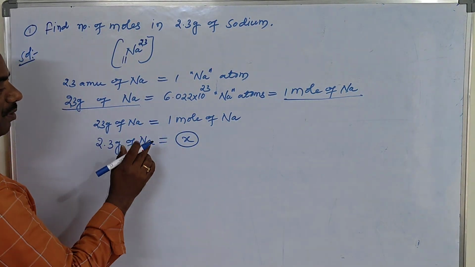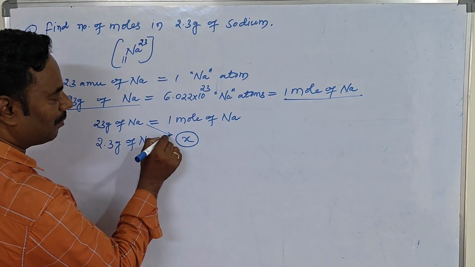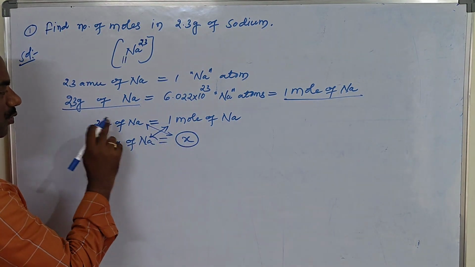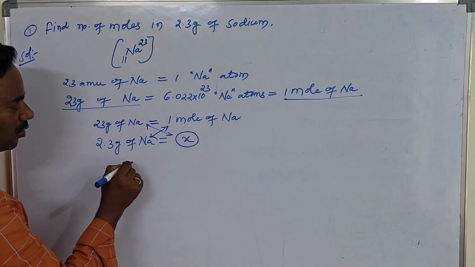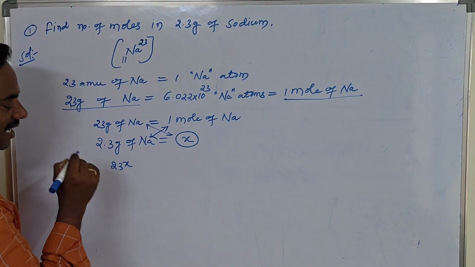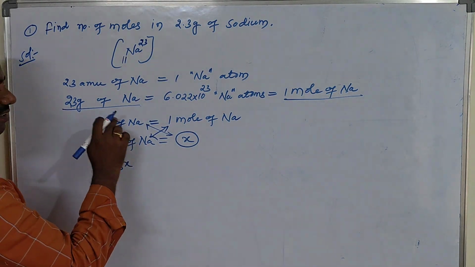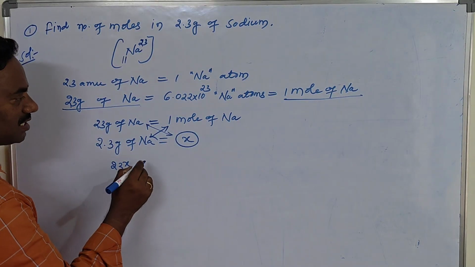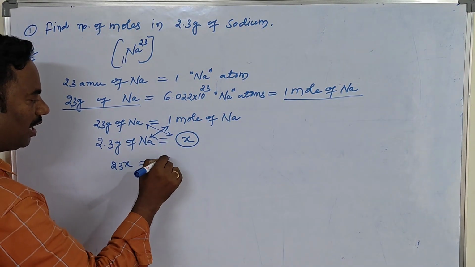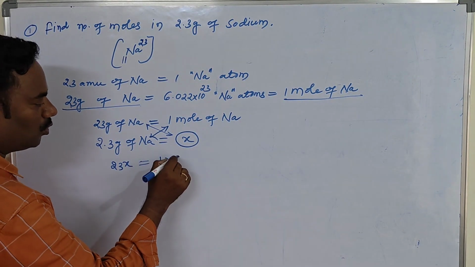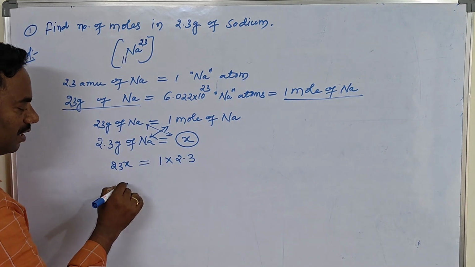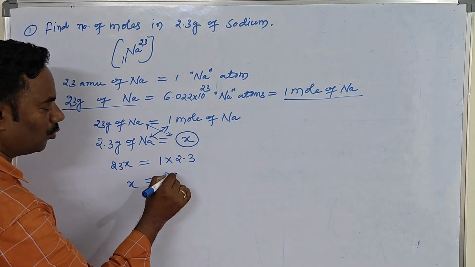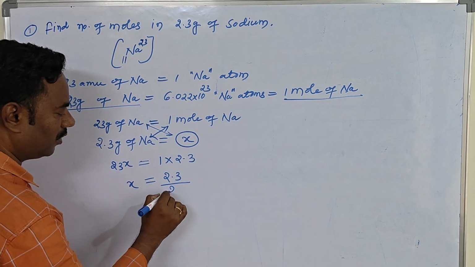To solve this problem, do cross multiplication. x into 23, 23x is equals to 1 into 2.3. Then x is equals to 2.3 by 23.